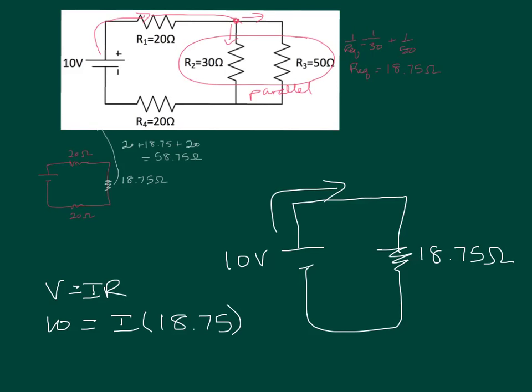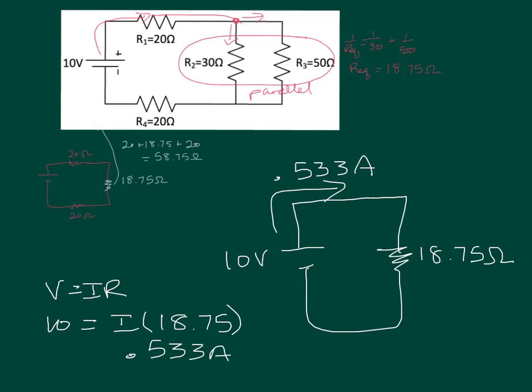So 10 divided by 18.75 is 0.533 amps. So that's how much current we have leaving that battery.